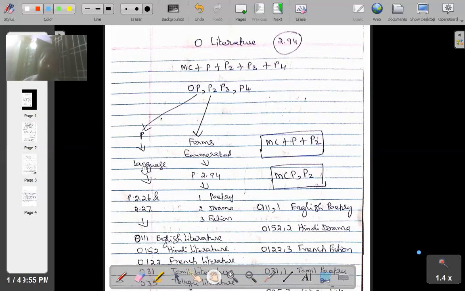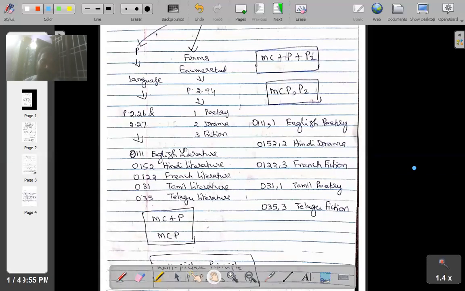Where to get the P's? All the languages are arranged on page numbers 2.26 and 2.27. If you go to the language schedule, you'll get the number for all the languages that can be added to the main class O that forms the titles. For example, 111 is English language, as I got it from 2.26 and 2.27.